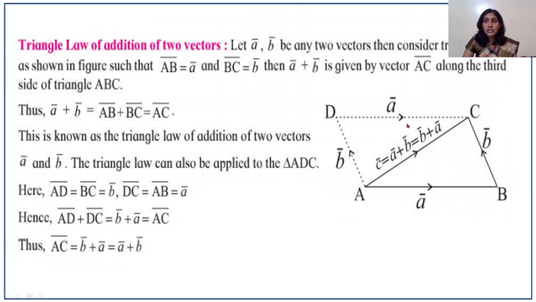Then by the parallelogram law, if a bar and b bar are two adjacent sides, then its diagonal is the addition of these two vectors, that is a bar plus b bar. So here, if AB bar is equal to a bar and BC bar is equal to b bar, then AC bar is equal to a bar plus b bar. Here we use the law of parallelogram. So this is the triangle law of addition.